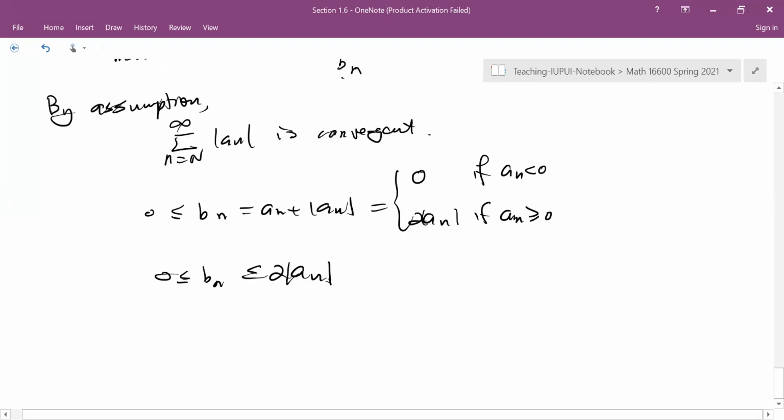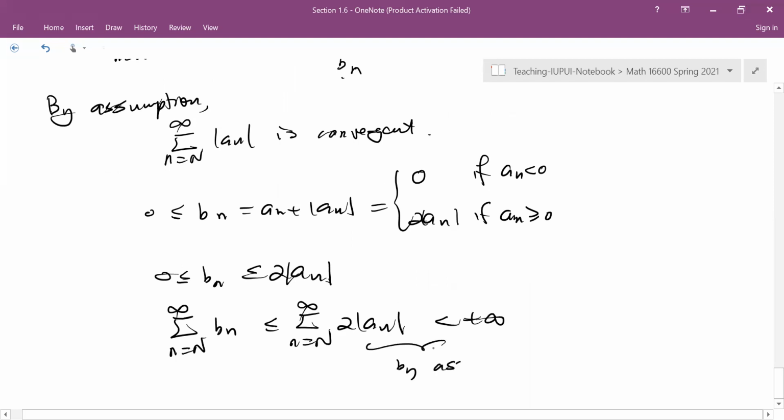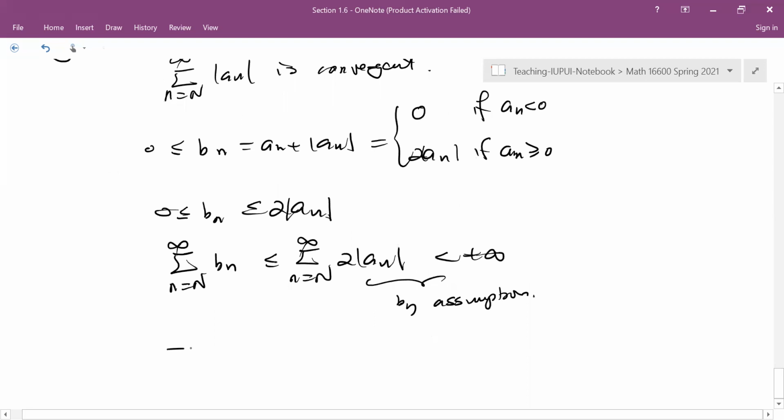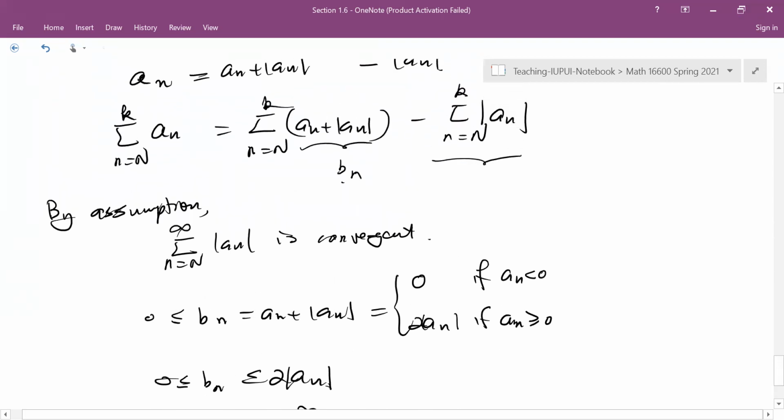Then use a comparison test. The sum from n equals capital N of b_n is less than or equal to this, which is finite by assumption. So that means this is also convergent. All right, that's it, because this will be the difference of two convergent series.